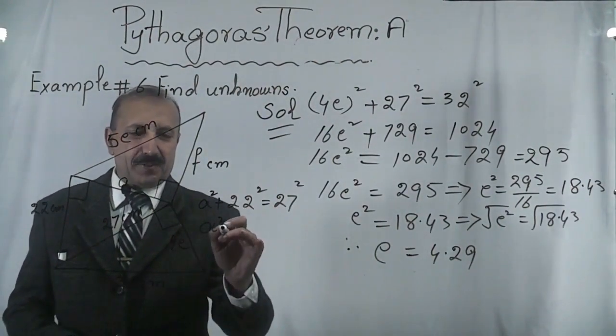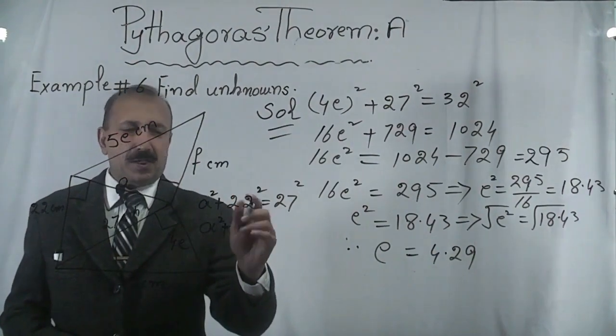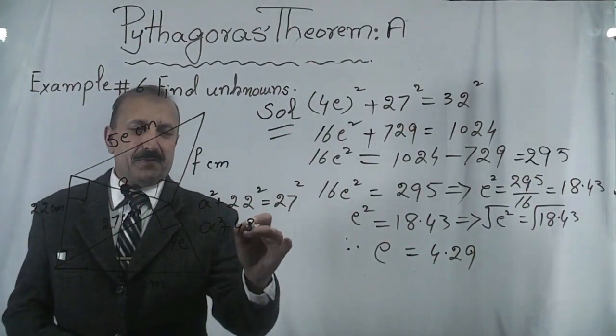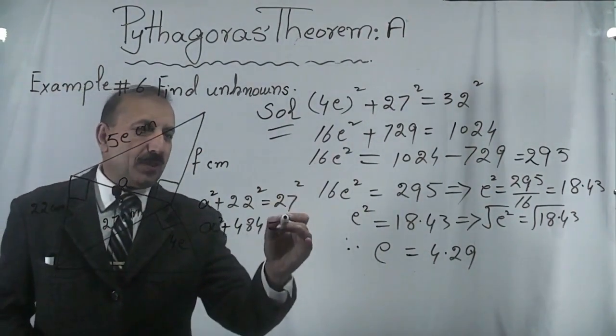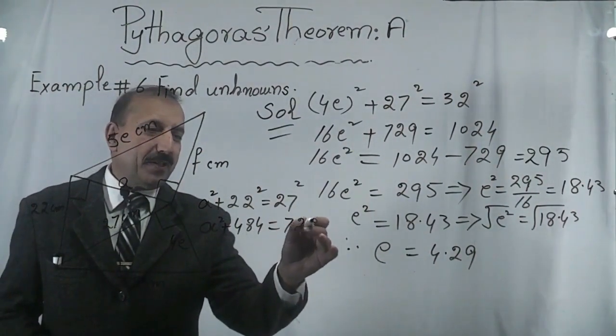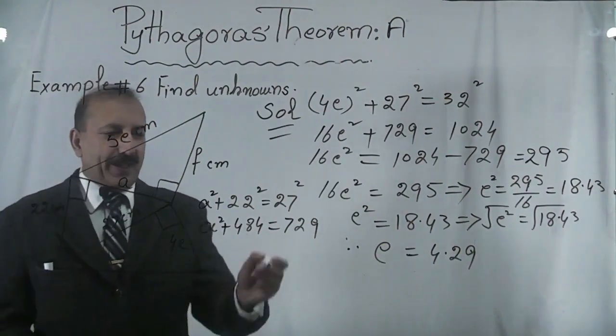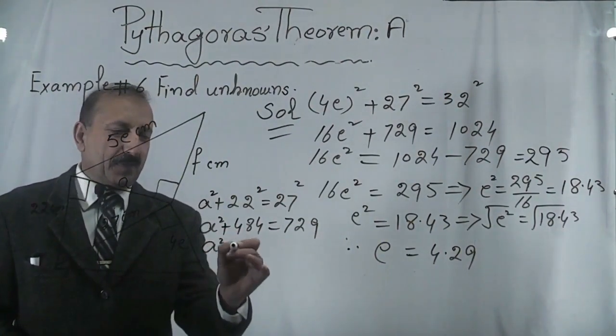A square plus 22 square is equal to 484, and 27 square we have already used, this is 729. And now let's simplify it.